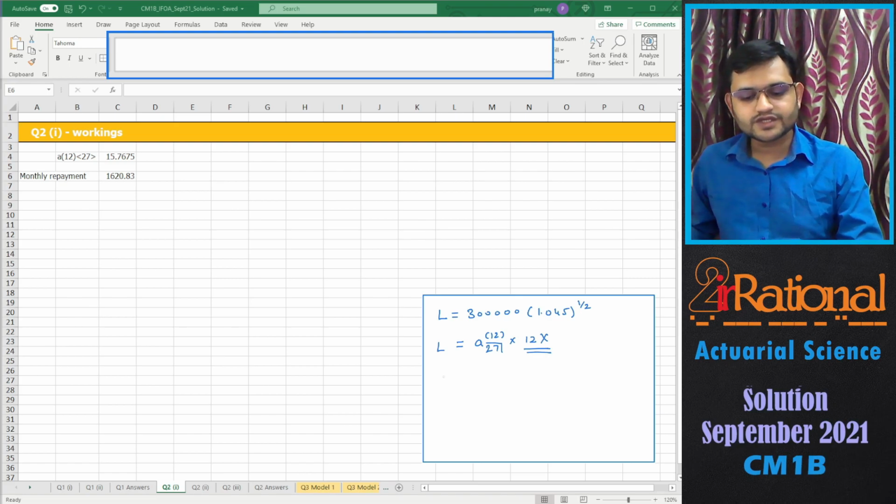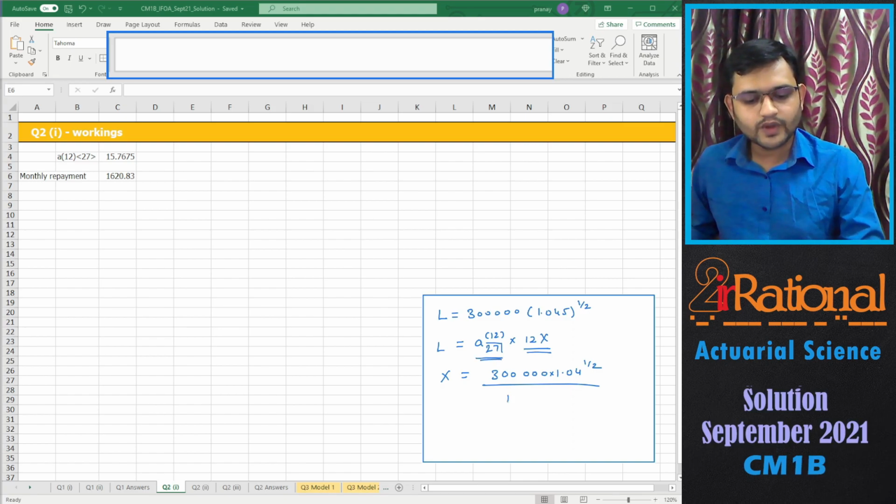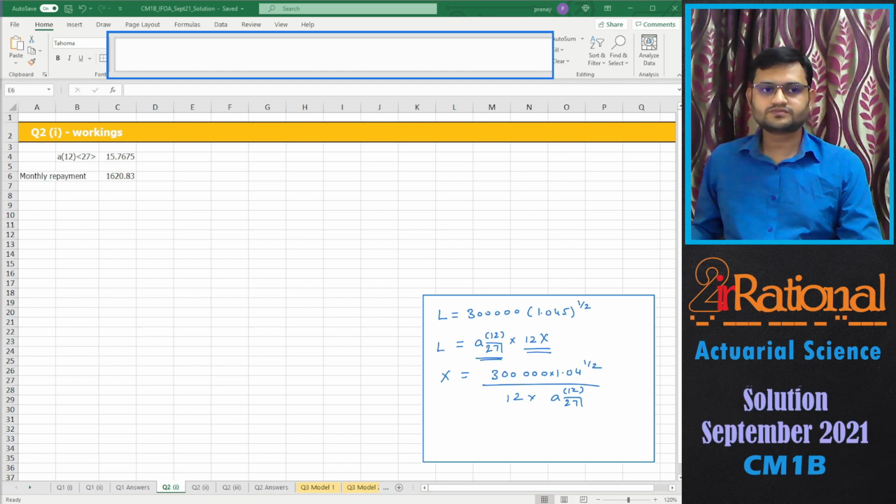So using this, I have calculated x to be nothing but our 300,000 times 1.045 raised to half upon this 12 into a angle 27 payable 12 times.